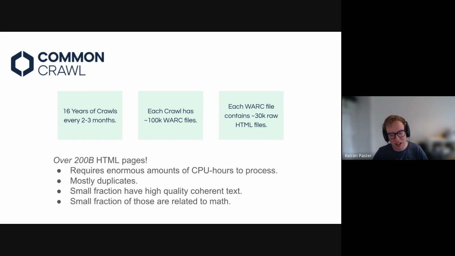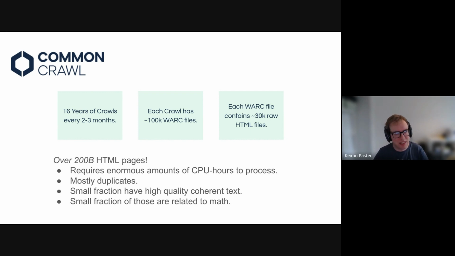Also, of those documents that are unique, only a small fraction have high quality, coherent text. Many of the documents in Common Crawl are just junk. And finally, of those high quality documents that you might even think about training a language model on, only some small fraction are related to math.